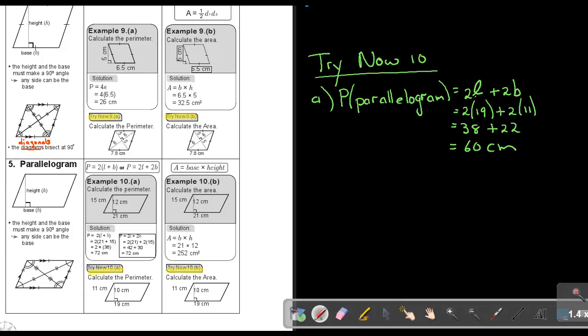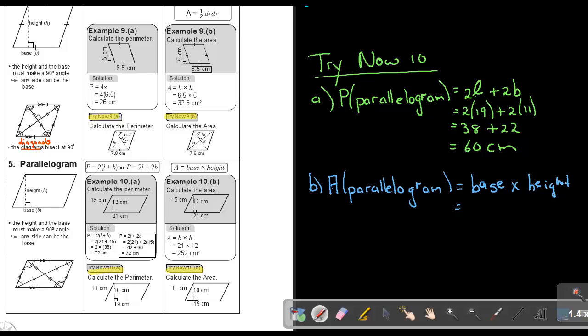And then in number B, if I ask you the area of this parallelogram, that's going to be base times height.